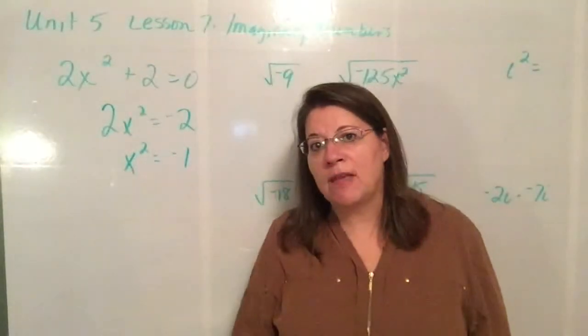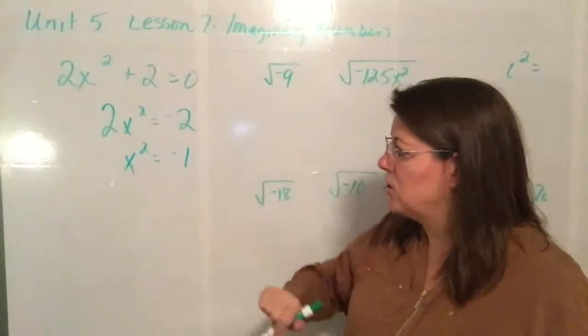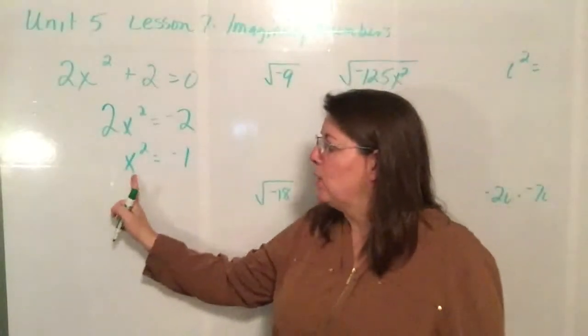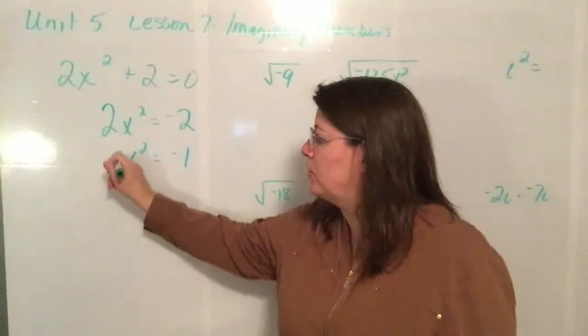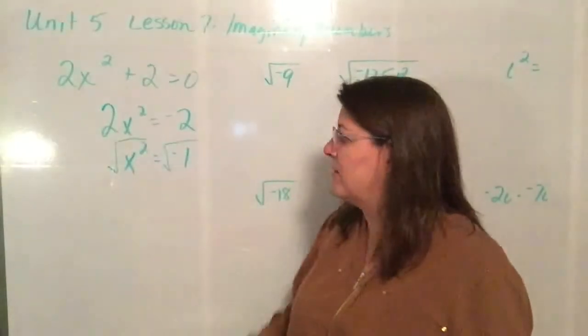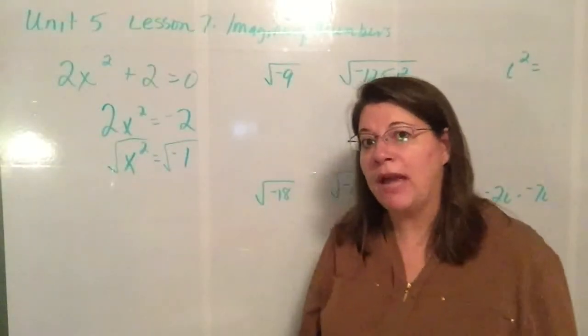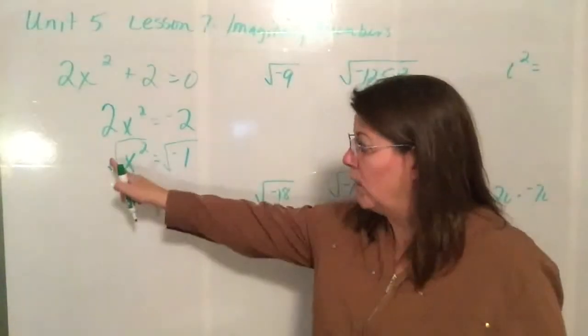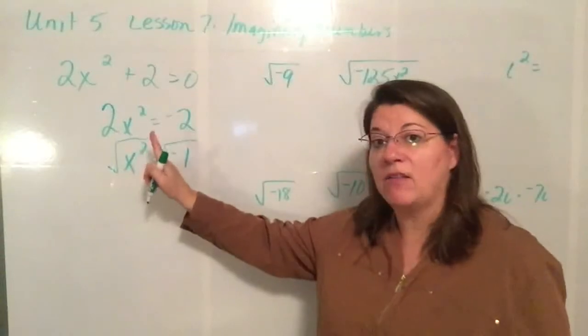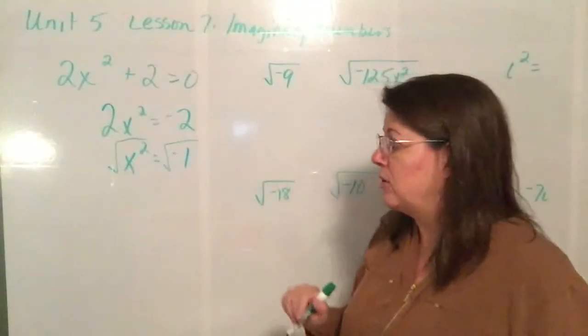And then we learned that when solving equations like this, if we want to get the x by itself, we can take the square root of both sides of that equation to get rid of the radical, because a radical will undo a square.